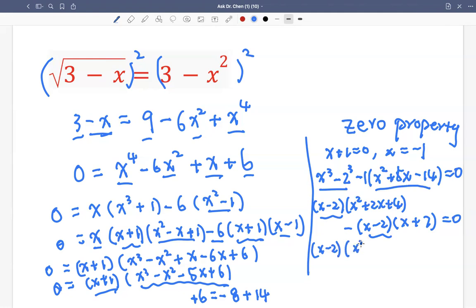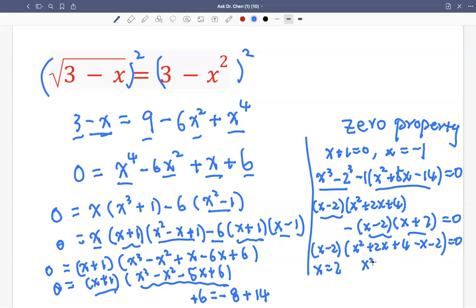Then we have x squared plus 2x plus 4 minus x minus 7, because this is minus x minus 7. So this factor gives us x equals 2. And this one, let's simplify it.